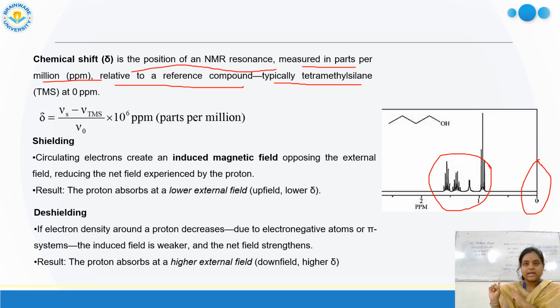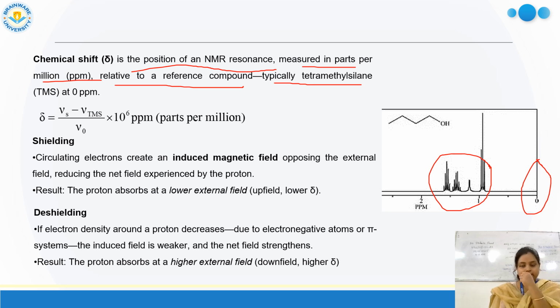Between the external magnetic field and the nucleus, the electrons are revolving, and their direction is opposite to the external magnetic field. So the electrons around this nucleus make an induced magnetic field, and it opposes and reduces the external magnetic field which the nucleus is experiencing.